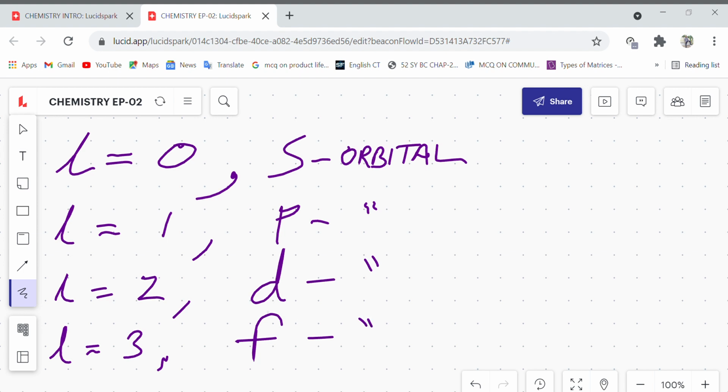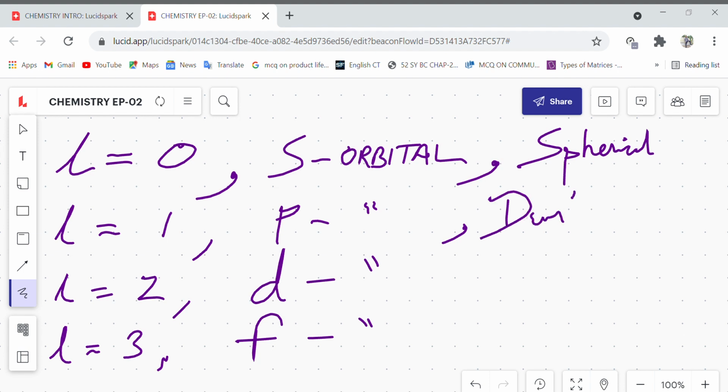When L equal to 0, S orbital, it is spherical in shape. This you need to mug up. When L equal to 1, it is the P orbital and it is dumbbell shape. When L equal to 2, it is the D orbital and it is double dumbbell shape.